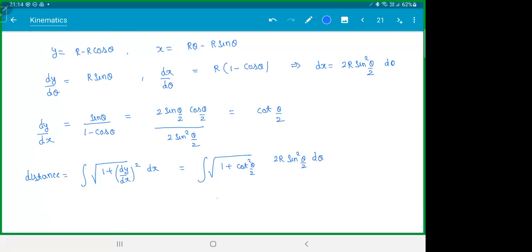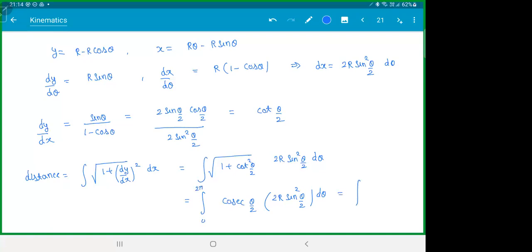What is 1 plus cot square theta by 2? Cosecant square. You get cosecant theta by 2, 2r sine square theta by 2 into d theta. Since you're talking about one revolution, theta will go from 0 to 2 pi.